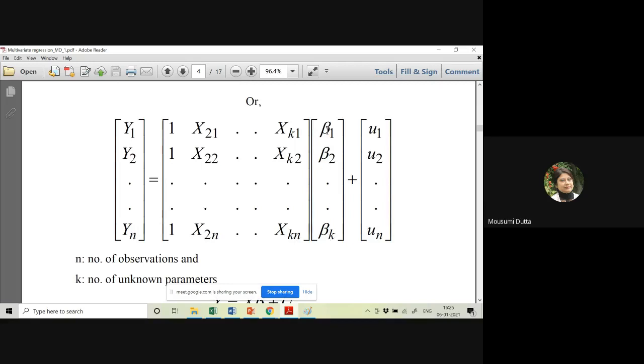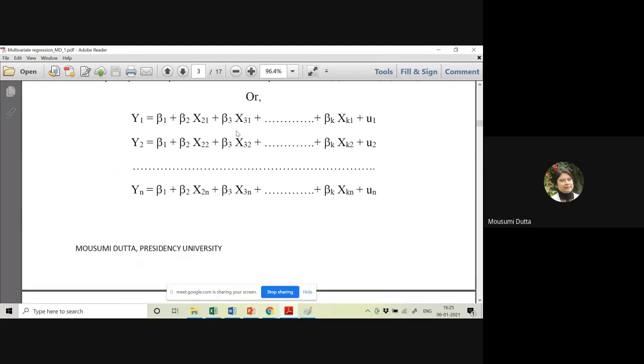That will be multiplied with the beta vector beta 1, beta 2 to beta k. Now, if you consider the matrix multiplication here, if you multiply the first row with the column, you will get beta 1 plus beta 2 x21 plus up to beta k xk1. So you are getting back your first equation.